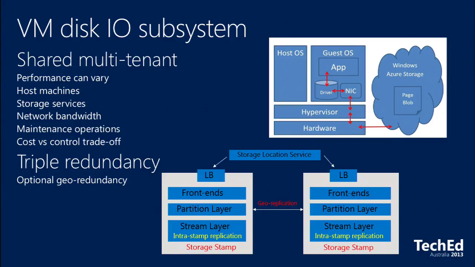They've got a load balancer and so on at the front end. There's then a partition layer, which deals with geo-replication across different data centers. Below that, they have a stream layer that deals with what they call intra-stamp replication. This is the thing that deals with you having 3 copies of the data within the current data center. And then stamps are what get stored as storage below that.